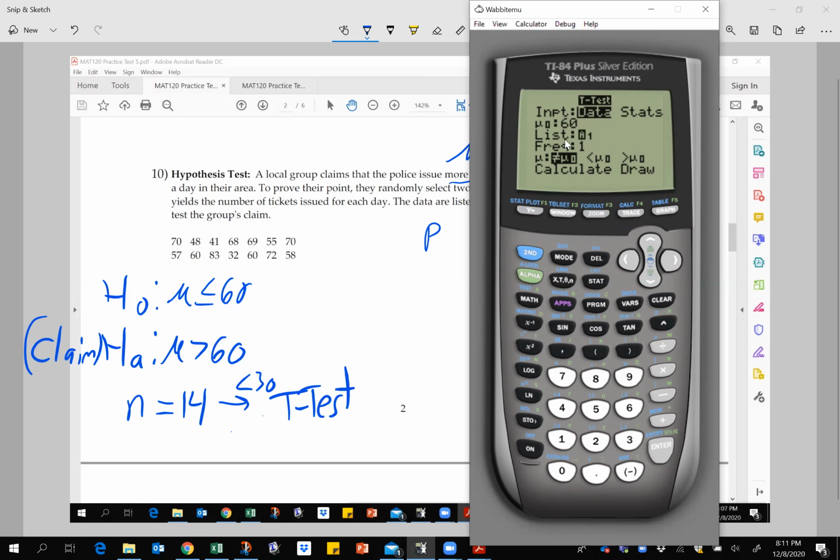So just make sure list L1 is in there. Frequency for this menu should always be set to 1. And then just choose the appropriate tail test. This time it's going to be greater than. Go ahead and hit calculate. And we get our p-value to 3 places would be 0.477. So P is 0.477.